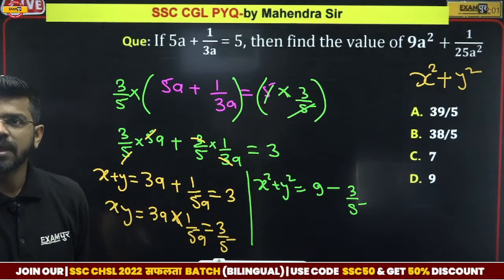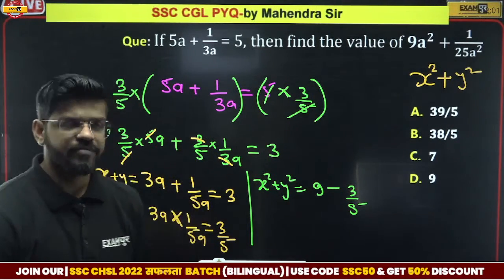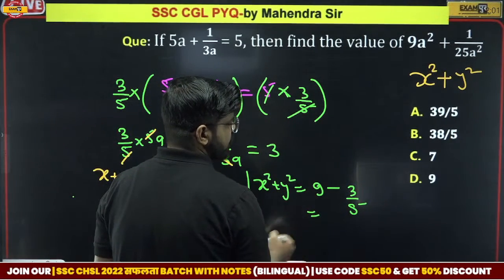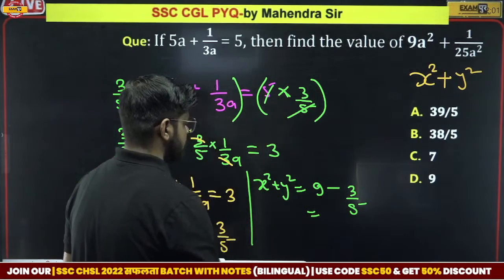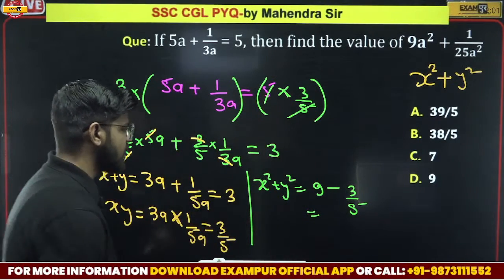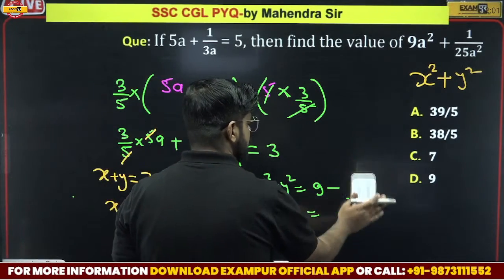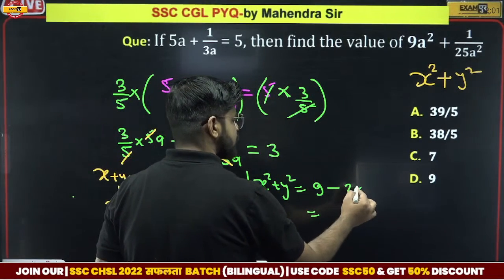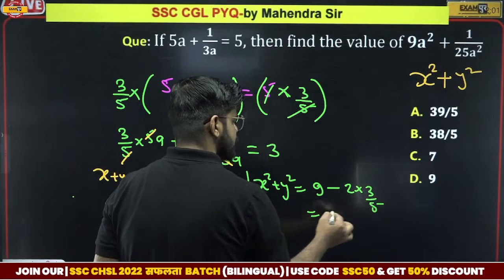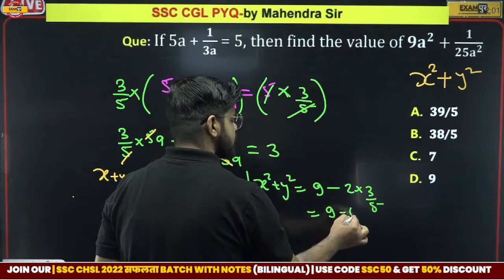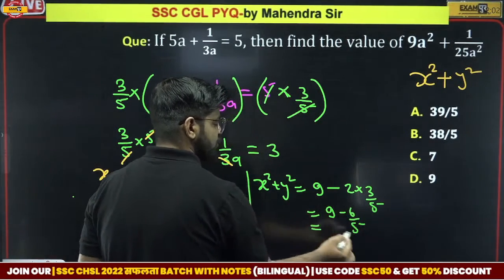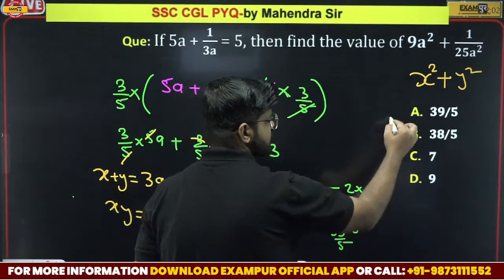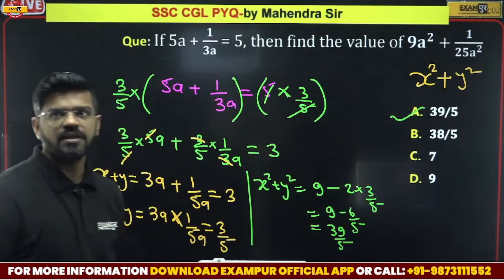Am I doing something wrong? Because it is a square plus b square equals a plus b whole square minus 2ab, so minus 2 into 3 by 5 will be there. So 9 minus 6 by 5, so 45 minus 6, 39 by 5 will be the answer. Clear?